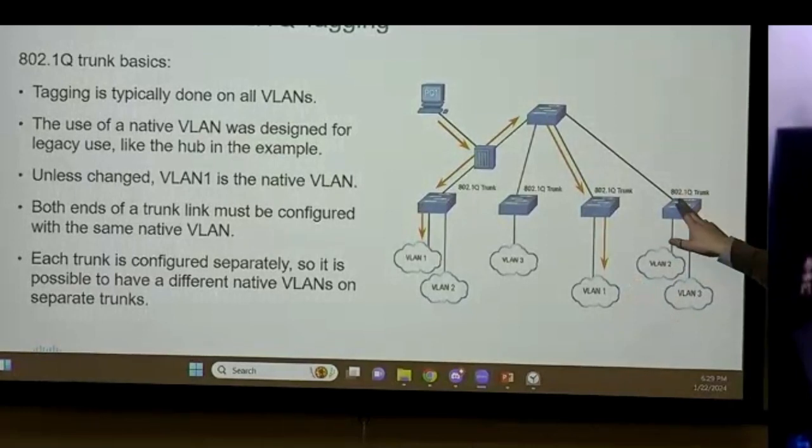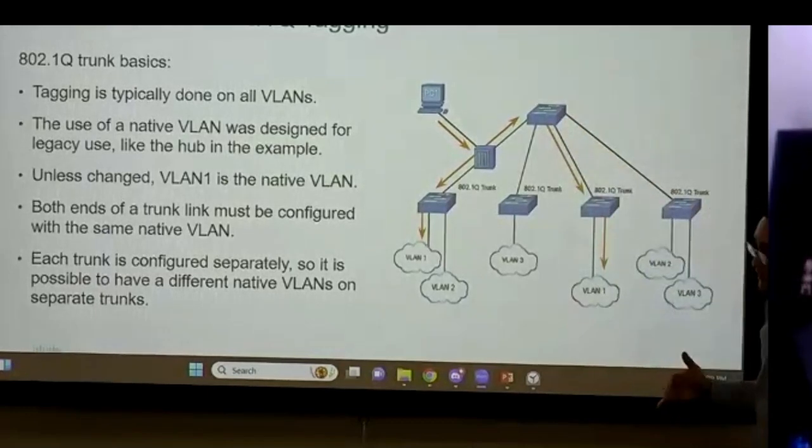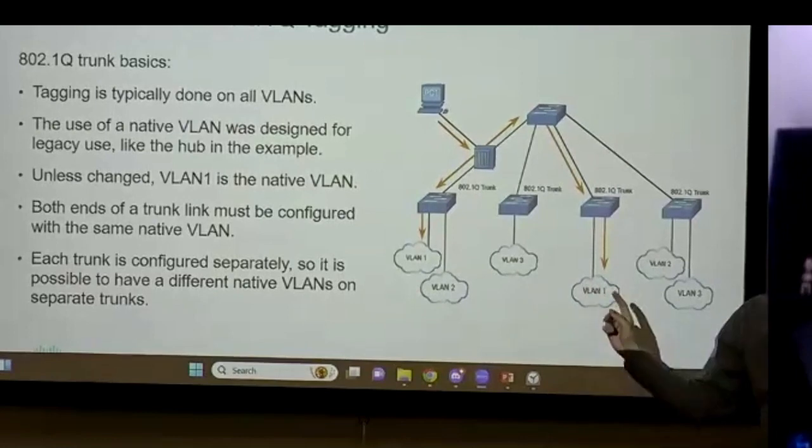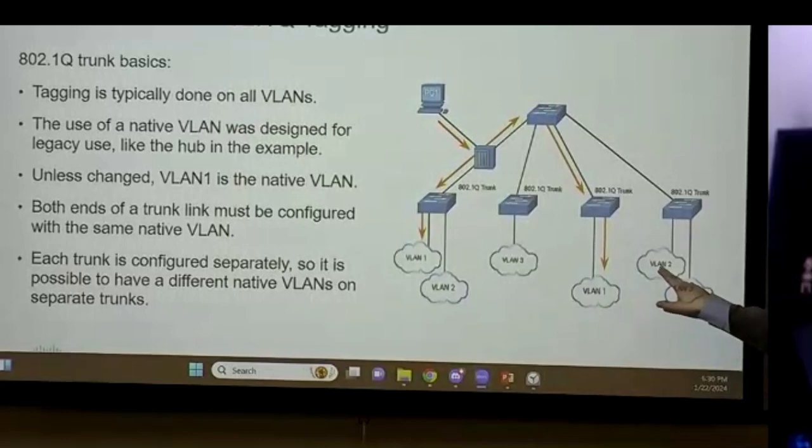But when it's being transported on the trunk link, there could be a VLAN 2 frame right after that. VLAN 2, VLAN 3, VLAN 2. That traffic won't interact with each other. They won't be able to see each other. Without the presence of a router, a device here will not be able to ping a device here.